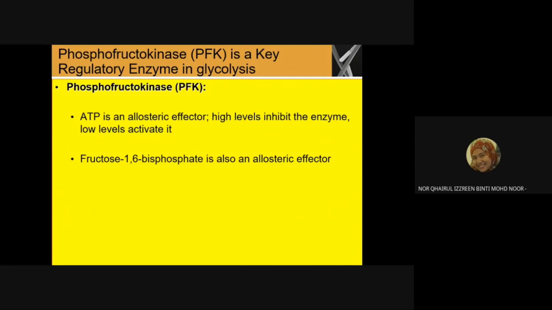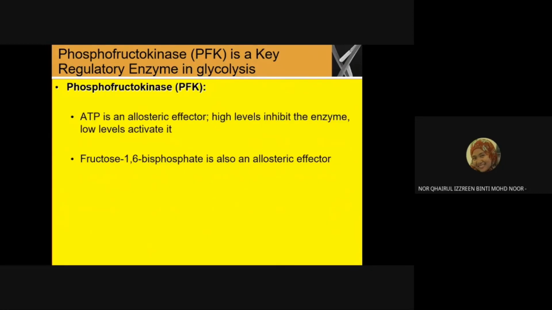Also, fructose 1,6-bisphosphate is an allosteric effector. So you have to really understand this enzyme. It is highly affected by the amount of ATP, the amount of fructose 1,6-bisphosphate, as well as the amount of the end product of step number 9, which is phosphoenolpyruvate, also known as PEP.